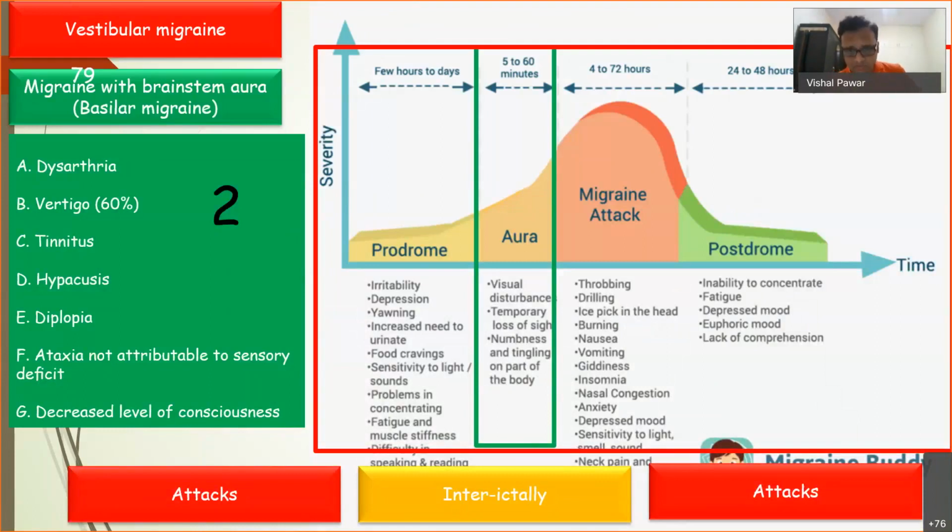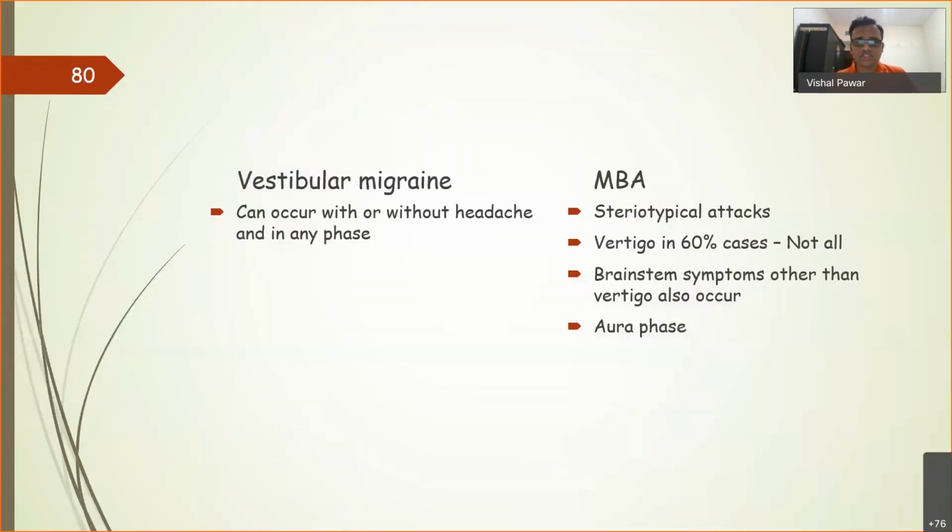But in migraine with brainstem aura, it will specifically happen before the headache. So these are the differences. In migraine with brainstem aura, there are stereotypical attacks, vertigo in 60% of patients, not every patient. Brainstem symptoms other than vertigo also occur, and it specifically happens during the aura phase.